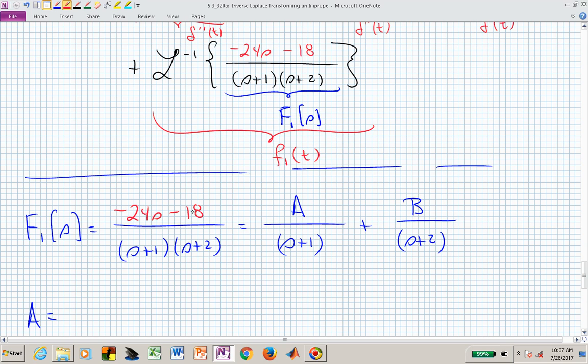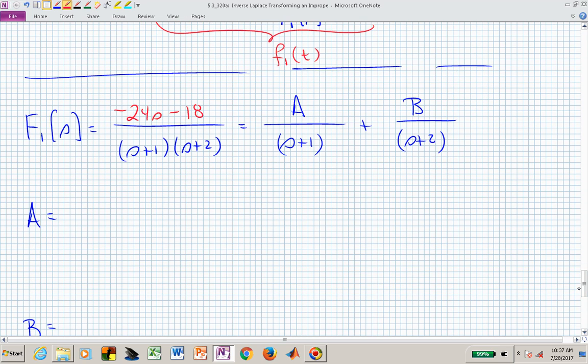Here we now have minus 24s minus 18. You can use your favorite technique. If we do the Heaviside cover-up method, we multiply both sides by s plus 1, and we have minus 24s minus 18 over s plus 2, evaluated at the value of s that causes the denominator term of A to vanish, which is minus 1.